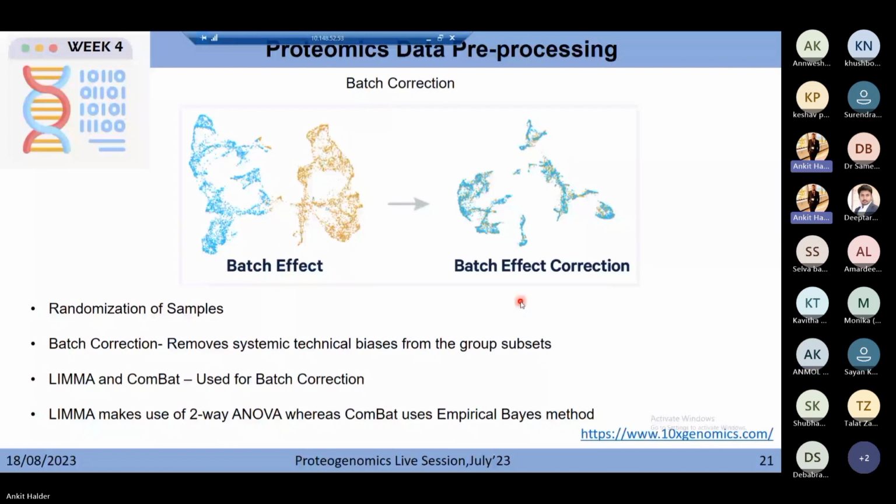So first and foremost, whenever you design an experiment like this, with so much multidimensional data, which requires various steps, and you want to acquire data of high scale, the first thing that should be done is randomization of samples. All your samples should be run in a random manner, and it should not be that one set of groups of samples is run first and then another set.